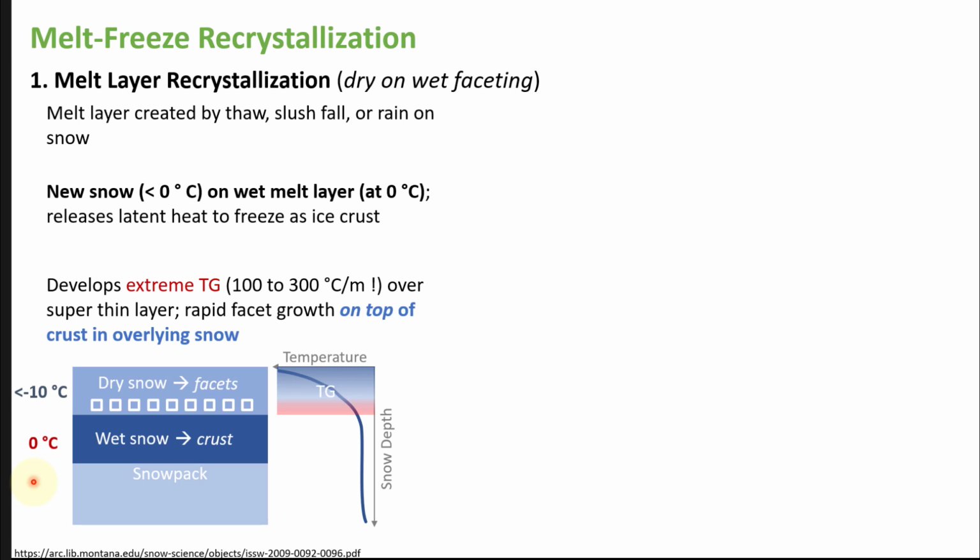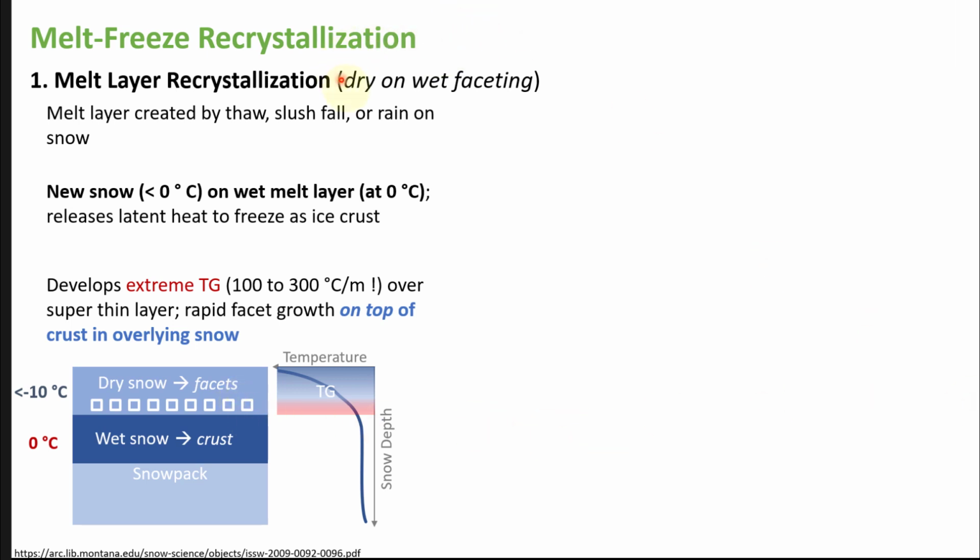so extreme gradients over a thin layer, which of course enters into this kinetic regime where you have very rapid growth of crystals, so dendritic crystal growth, which establishes these facets, and those facets are forming on top of that original wet snow layer that had formed into a crust. So what you have then is a hard crust layer and a soft, typically lower density faceted layer on the surface of the crust layer.